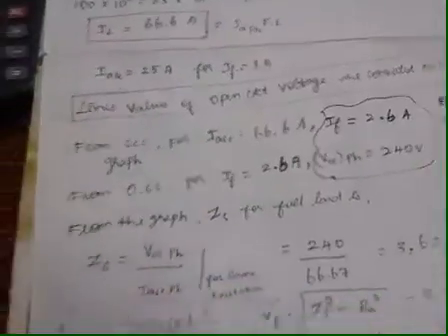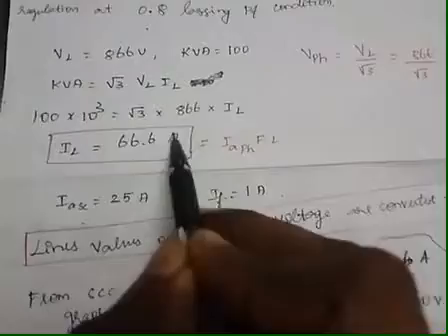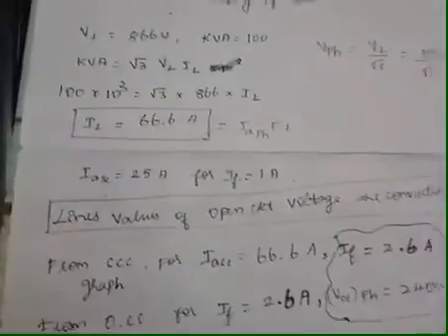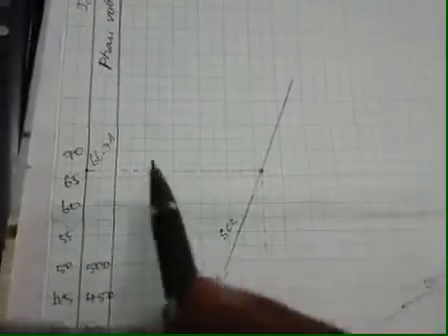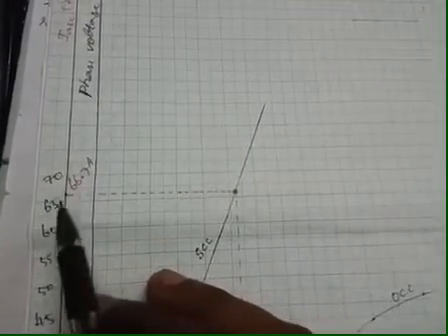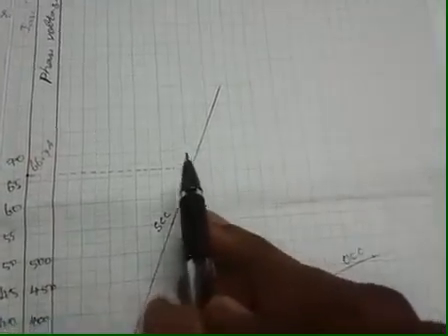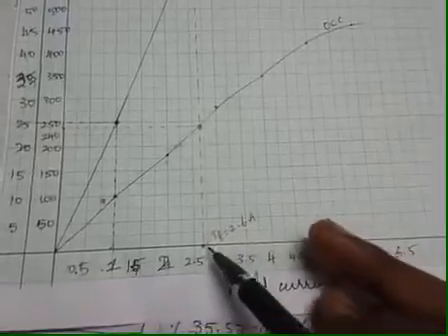Next, you know the full load value, IL equal to 66.6 ampere. Take this full load current value 66.6, extend this line, cut the short circuit line and go to the x-axis. You find one field current.